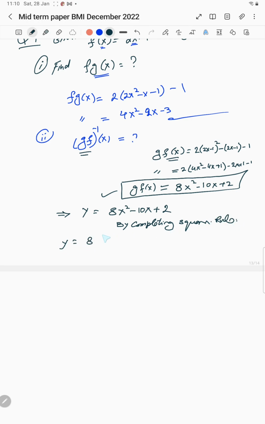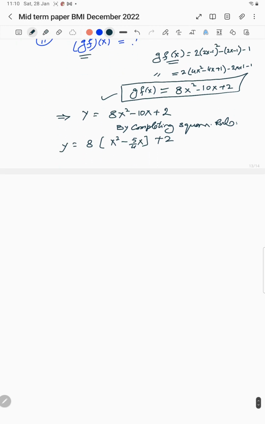y equals, take 8 common, x square minus 10 by 8, which becomes 5 by 4, and let the 2 be out. So half of 5 by 4 is 5 by 8. So the square of this should be added and subtracted, like this, plus (5 by 8) square minus (5 by 8) square to make the balance, and 2.